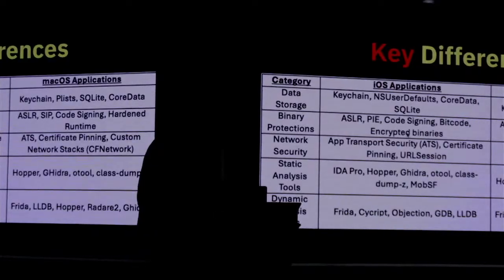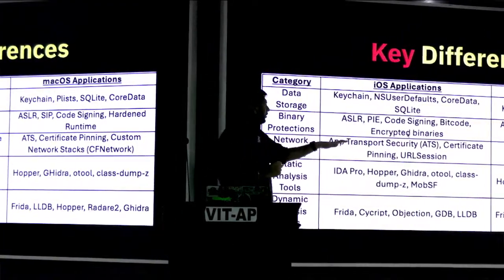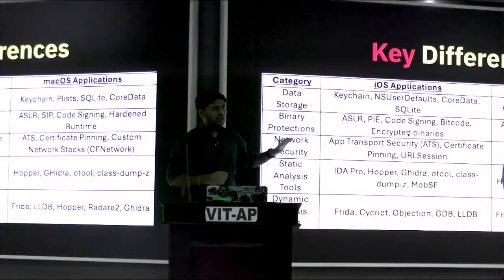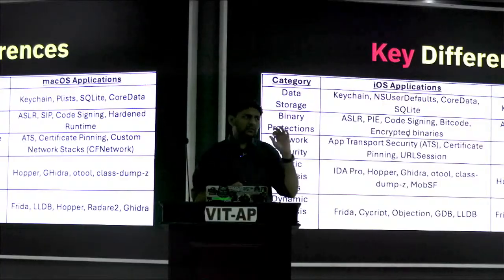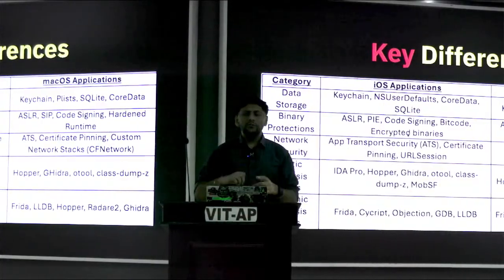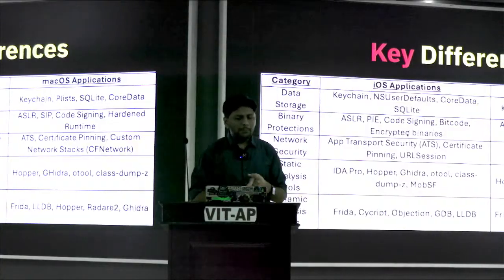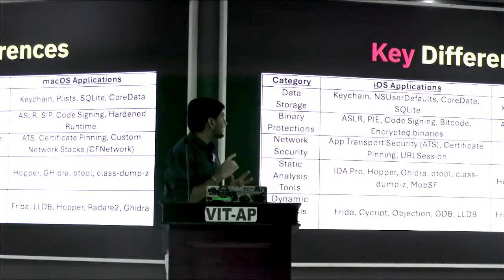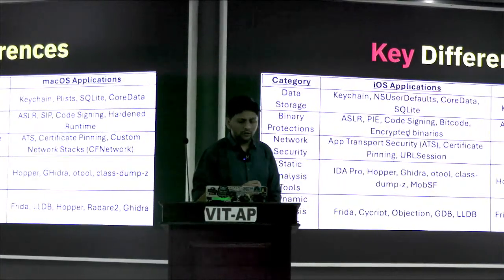The key differences between iOS based applications and Mac OS based applications are these. This is pretty detailed, but just to give you a reference, we have keychain, plist files, and SQLite files and Core Data that we are going to take a look at.